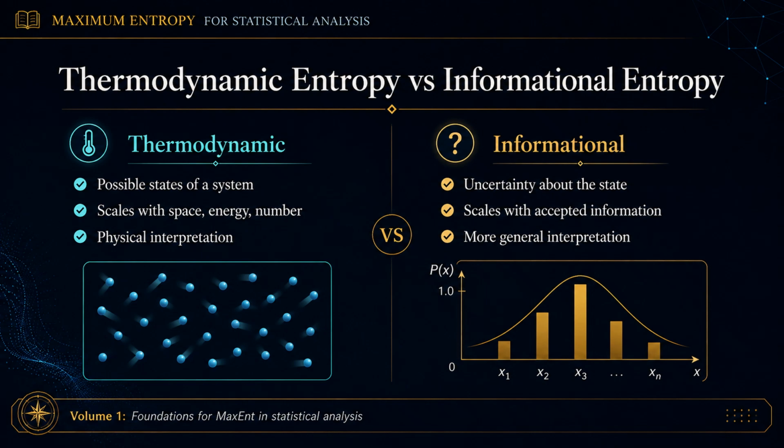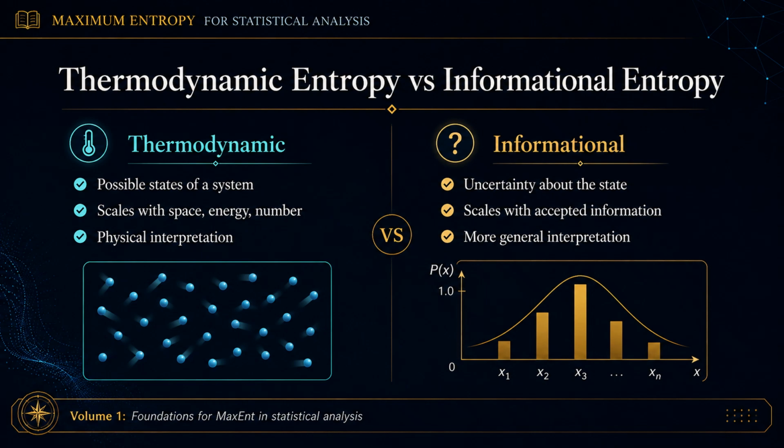Of course, these two ideas are related. For instance, a physical system with more physical states will tend to cause more informational entropy because it increases our uncertainty about the state of that system, because there are more possible ways it could be.